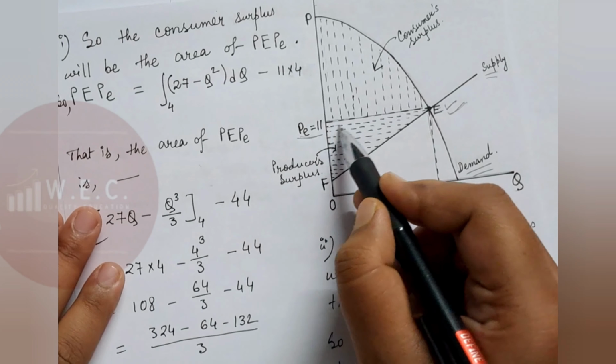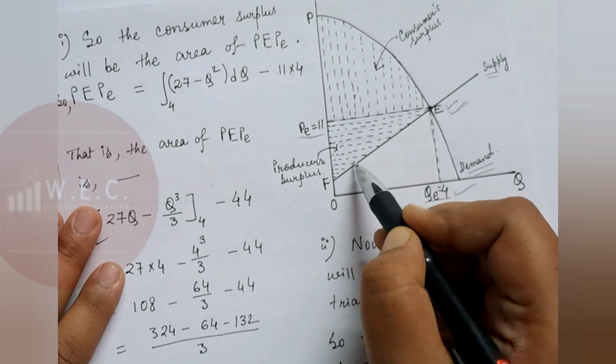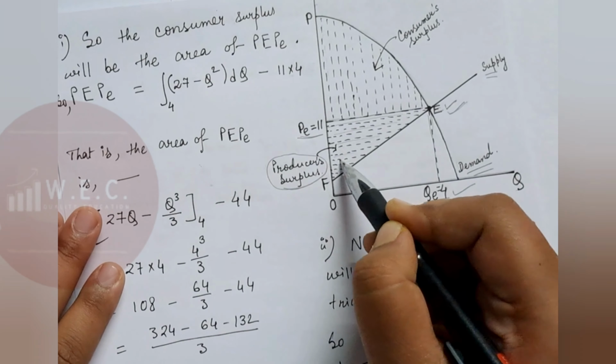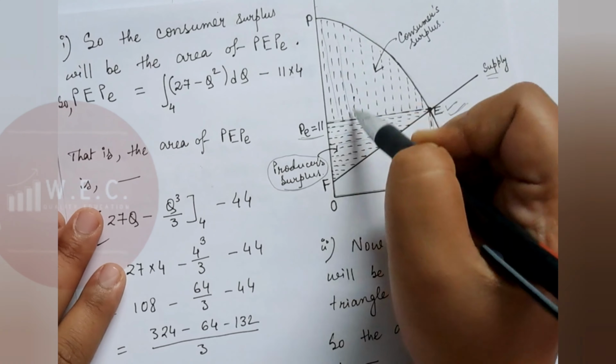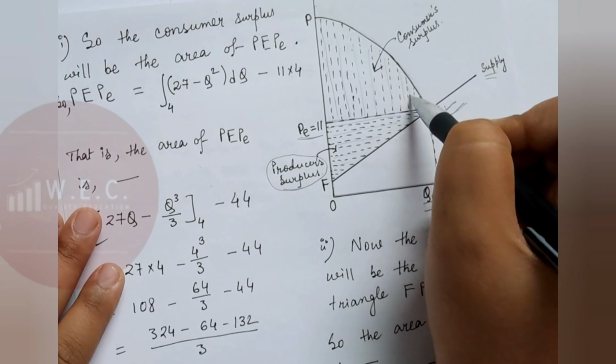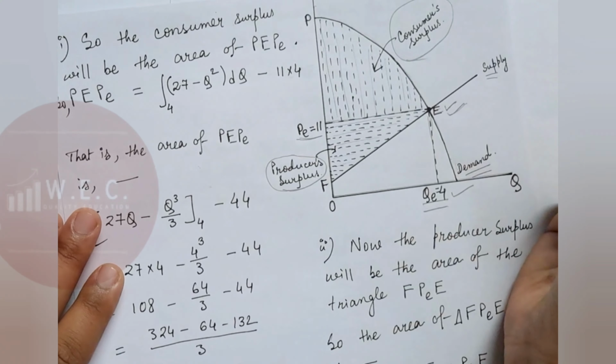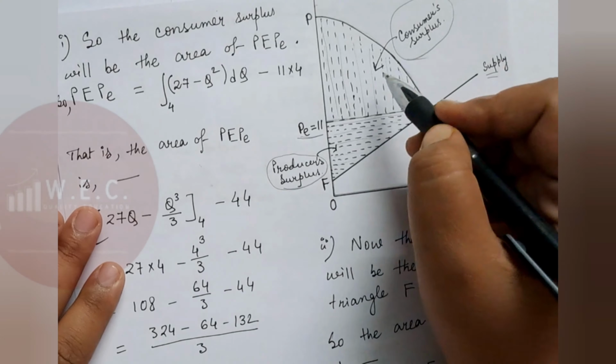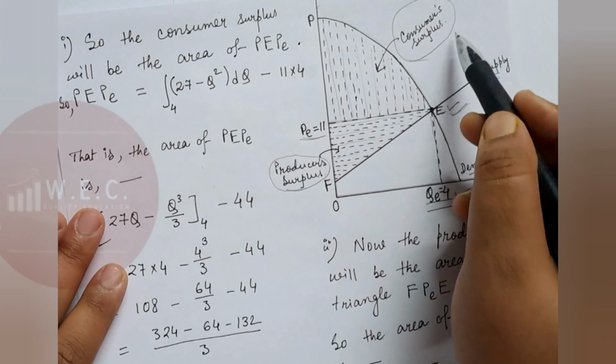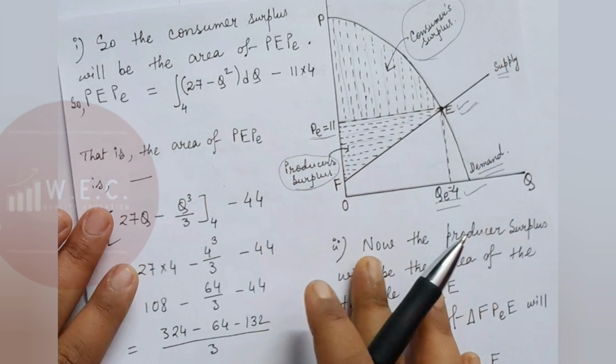Now, this shaded portion is producer surplus, and this shaded portion is consumer surplus. Consumer surplus is the area above the price line and below the demand curve, and producer surplus is the area above the supply curve and below the price line.